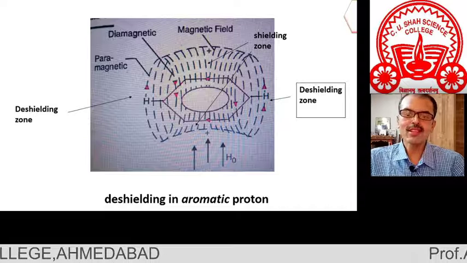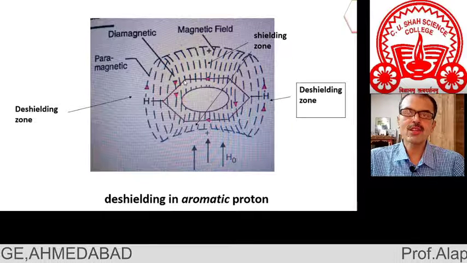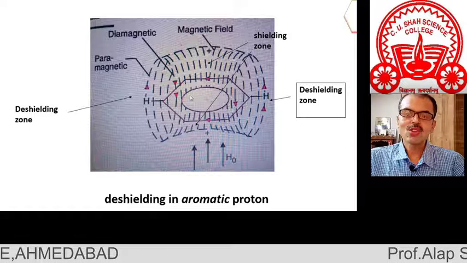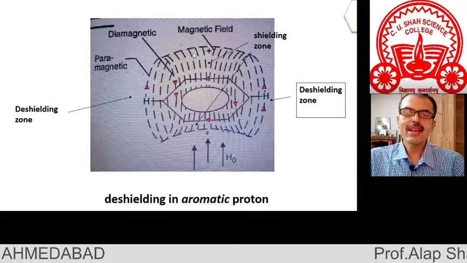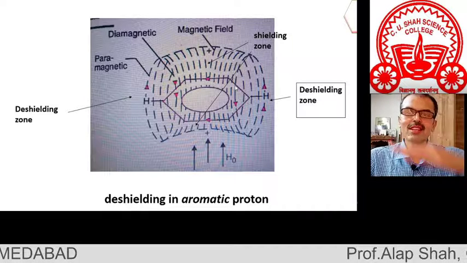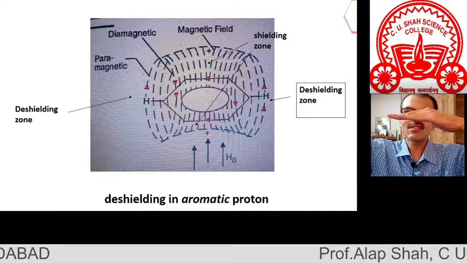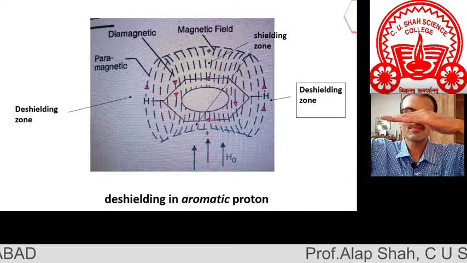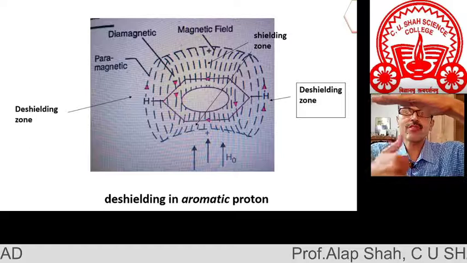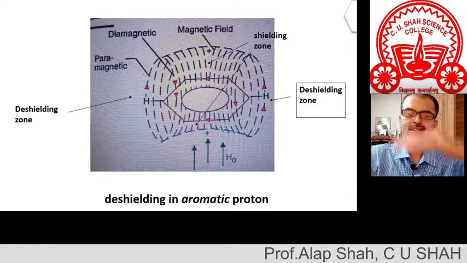Now you can see this is the direction of H0, and this coil shape shows the lines of induced magnetic field. They are like this, your benzene ring is here, and they are like this. This is the direction of the applied magnetic field and these lines are that way.